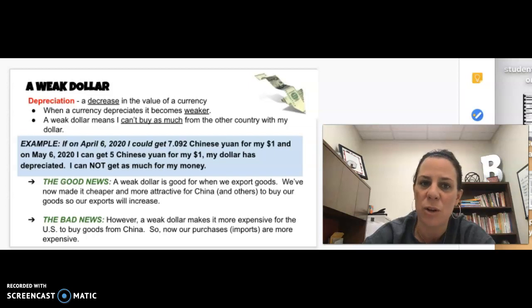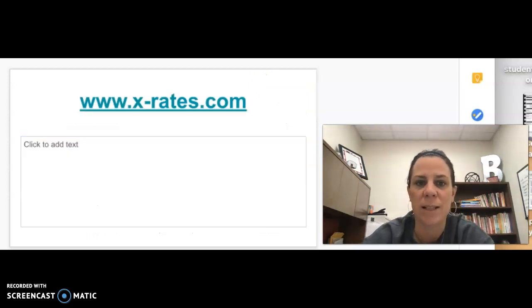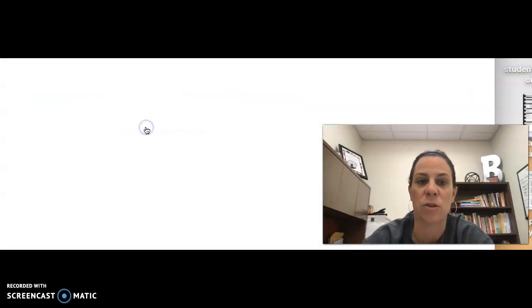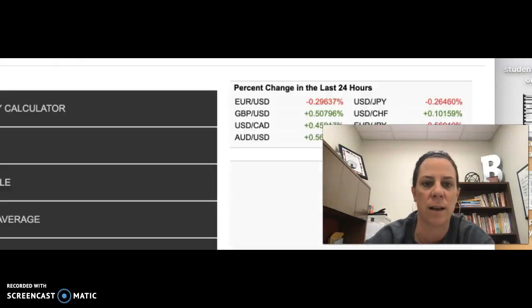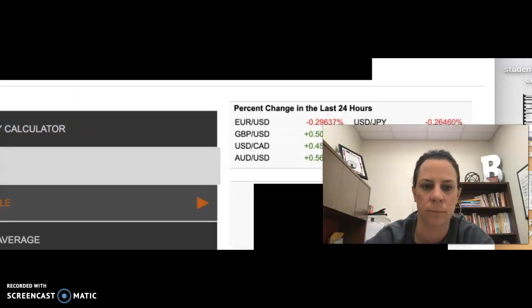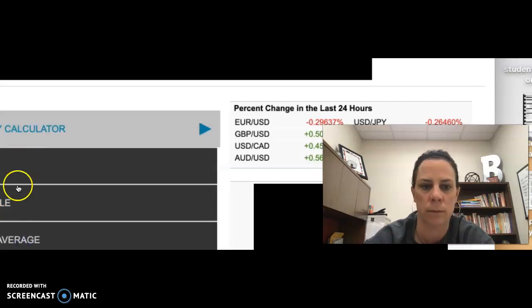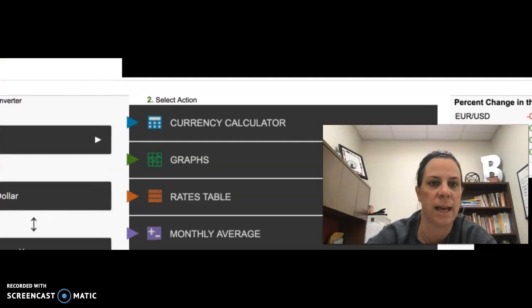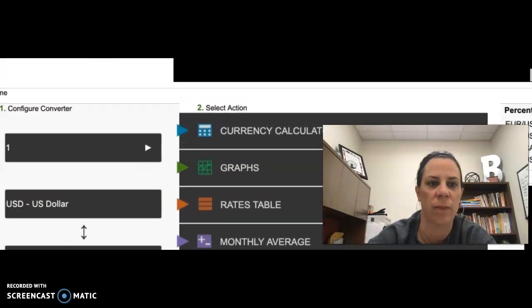So the last thing I want to show you is that you can look up what currency rates are doing. There are lots of different websites or calculators. This particular one, xrates.com, has a currency calculator right there in it.